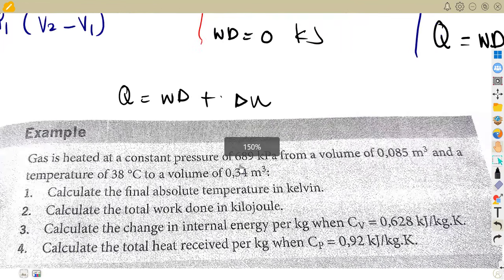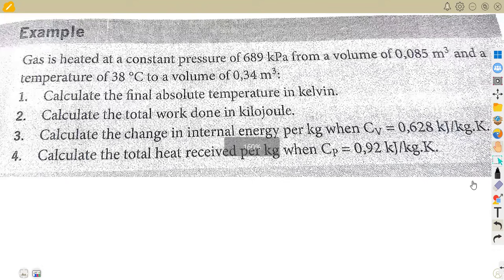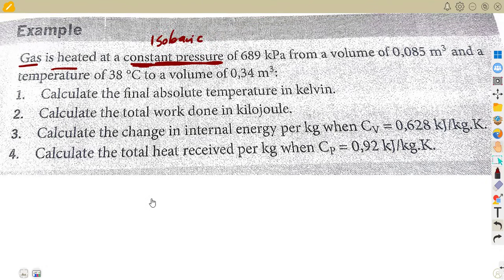Let us see our information. That's an example there. We are given that a gas is heated at a constant pressure. That means we're talking about the isobaric process. Remember our concept, constant pressure.